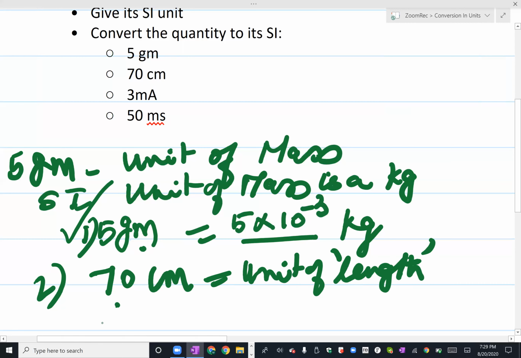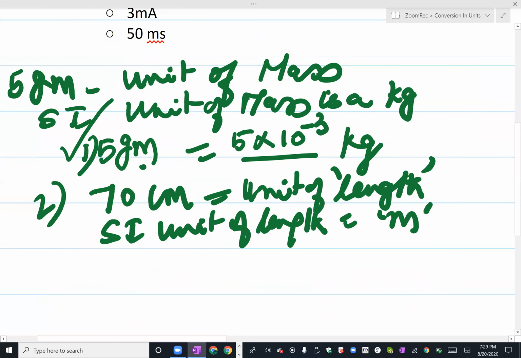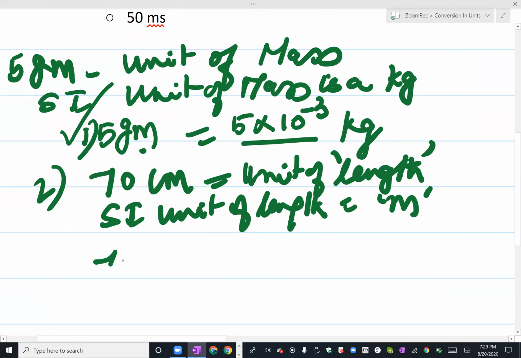The SI unit of length is equal to meter. Therefore, you have to convert 70 centimeter into what part of a meter.